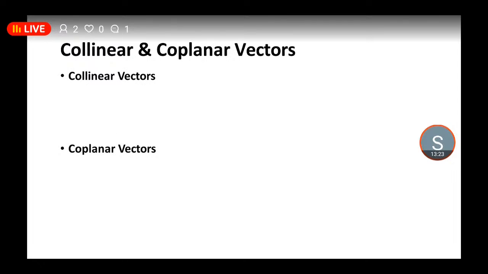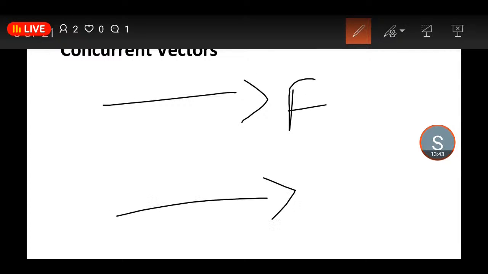Now we'll learn concurrent vectors first. The vectors which intersect at a point are called concurrent vectors. What does this mean? Let's take a vector f1 and a vector f2.